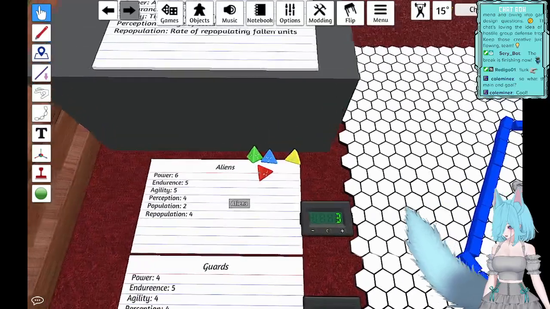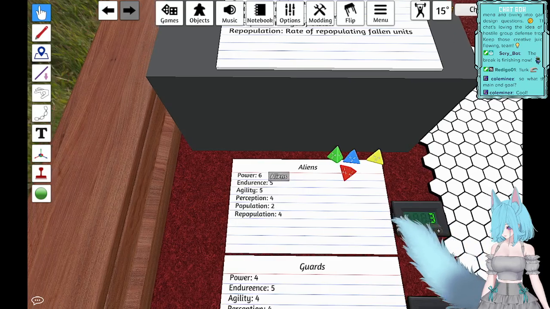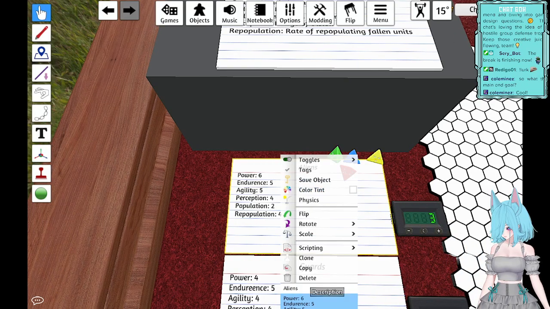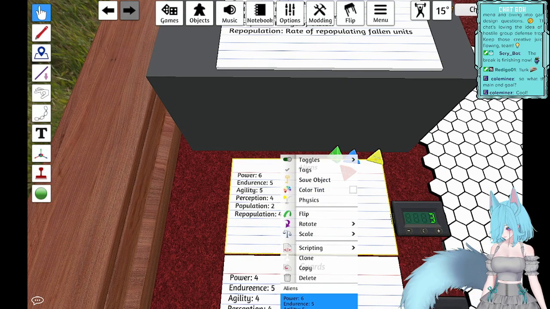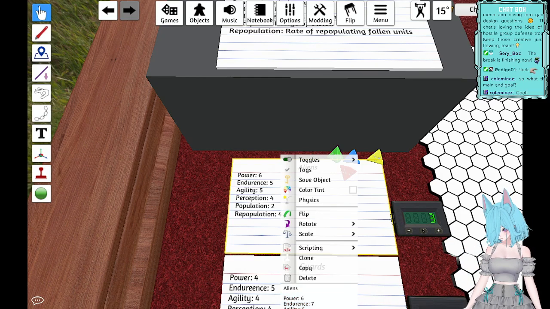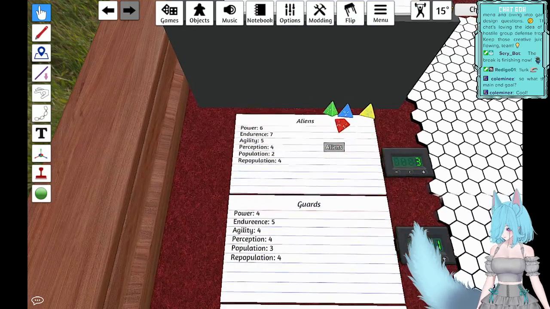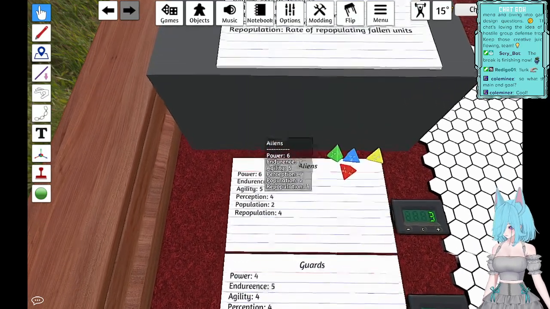So wait, I said agility, right? Agility 2. Endurance 7. And perception 6.